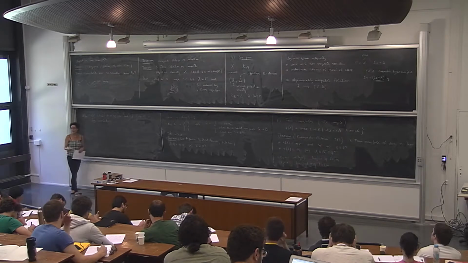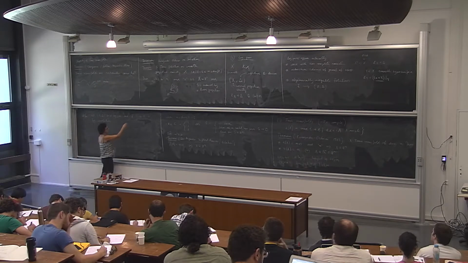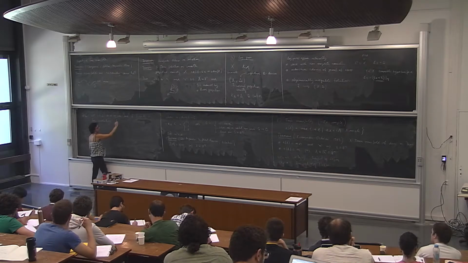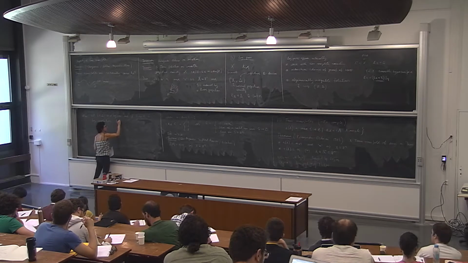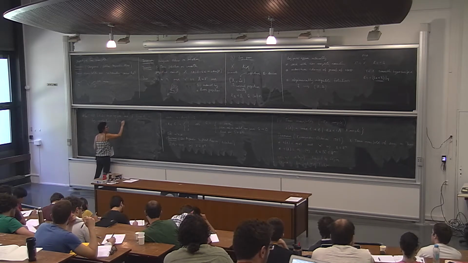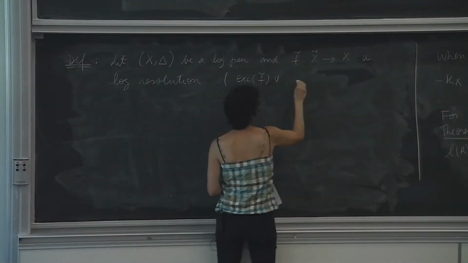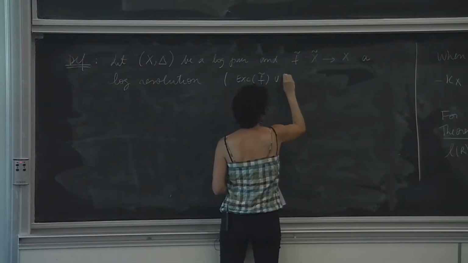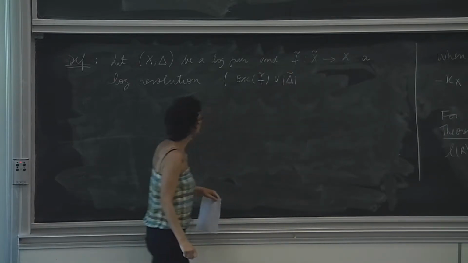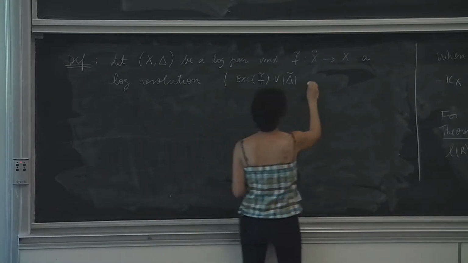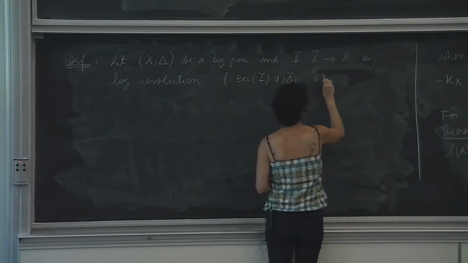So that means that this is a projective birational morphism. And here, the log means that if I look at the exceptional divisor of f tilde union the support of the strict transform of delta, this is simple normal crossing.